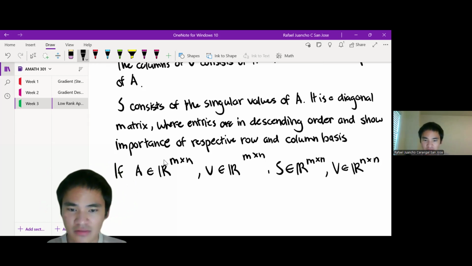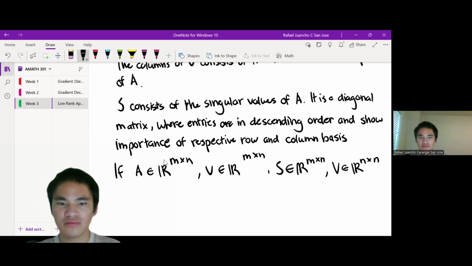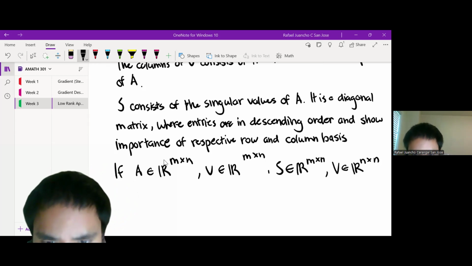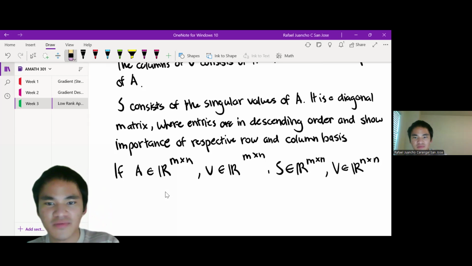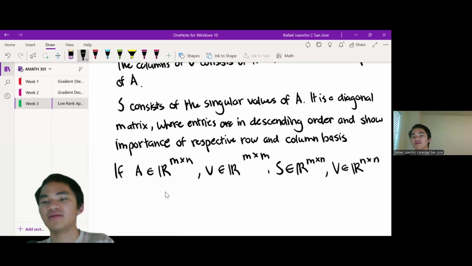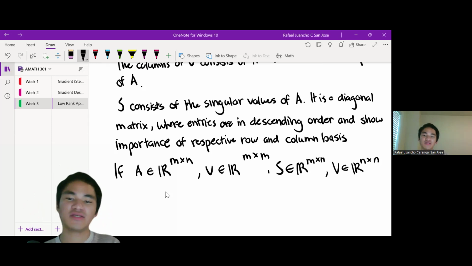Is this right? Oh, this is m by m, my bad. See, there's the error. So this one's m. That way this has to cancel, and then that's m by n. And then we should get this m by n.